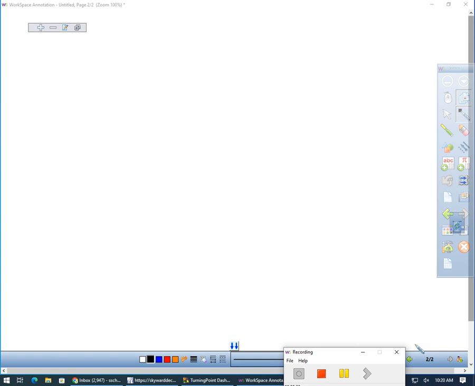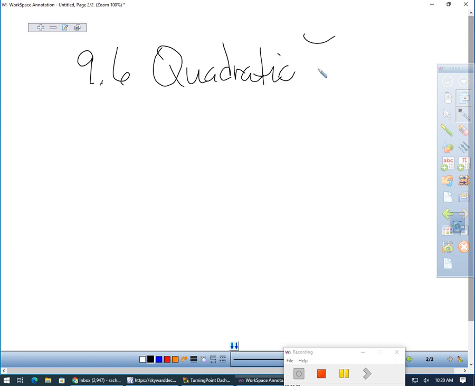Right, here we go. Today we are starting 9.6. And this final method for solving is called the quadratic formula.